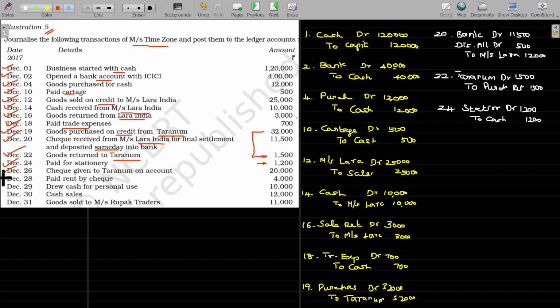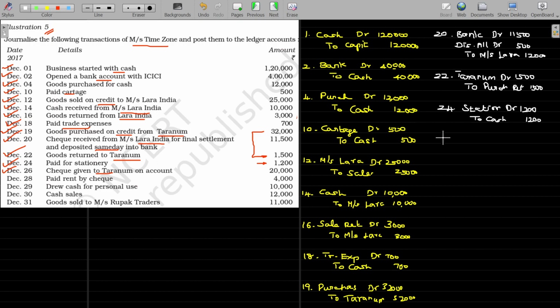December 26, check given to Taranam on account 20,000. So the entry for that being payment, right?